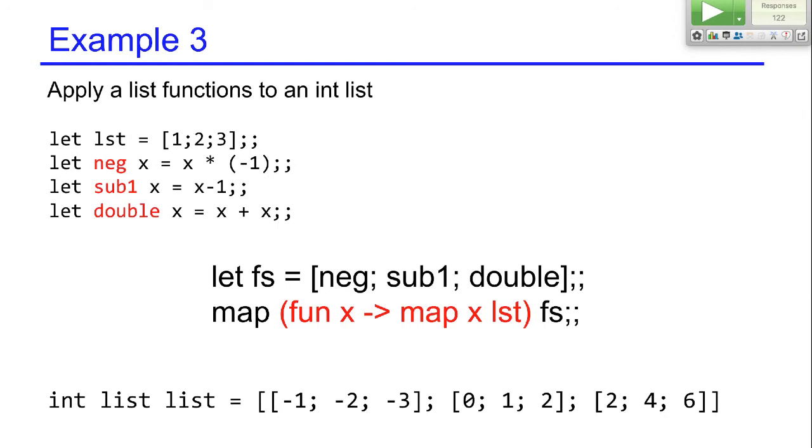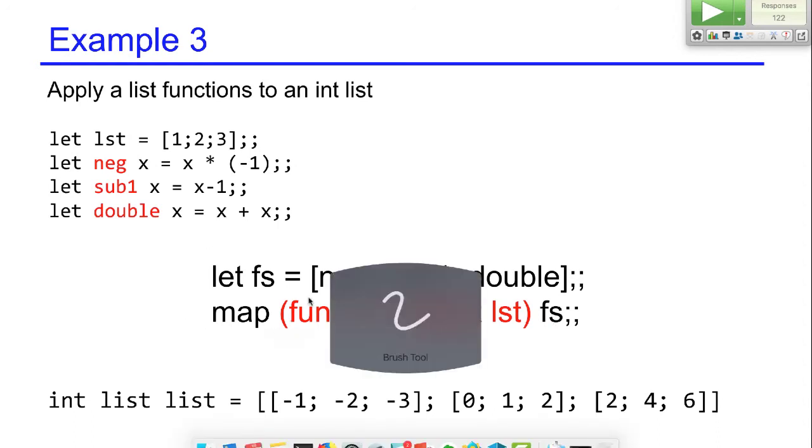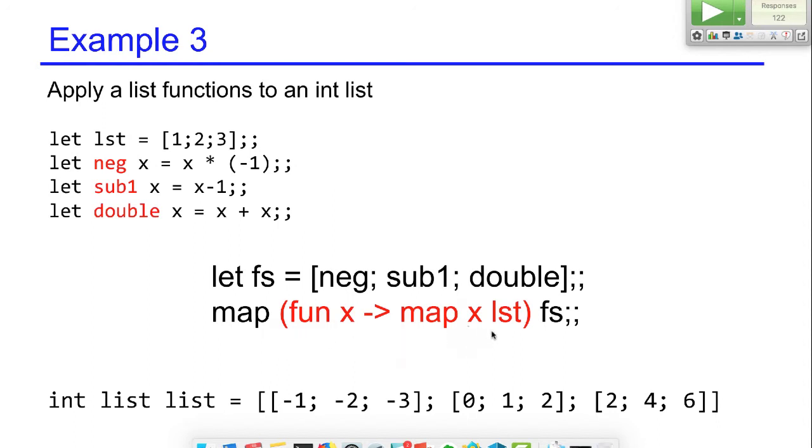I'll reiterate the question. The question is, what is the type of this entire function? So let's start with this. This thing is int to int list. Right? So this is tick A list.